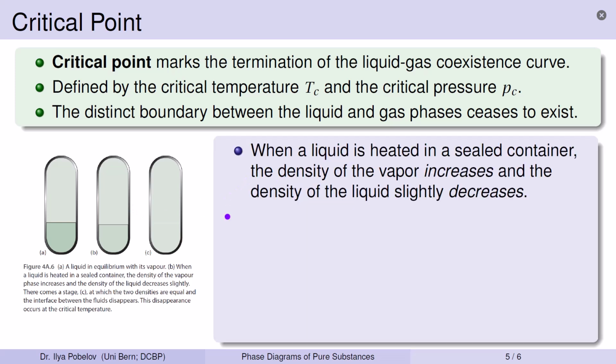When a liquid is heated in a sealed container, as shown in figure A, we observe that the density of the vapor phase increases. Conversely, the density of the liquid slightly decreases due to its thermal expansion.